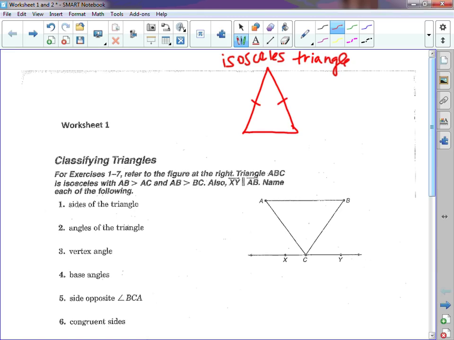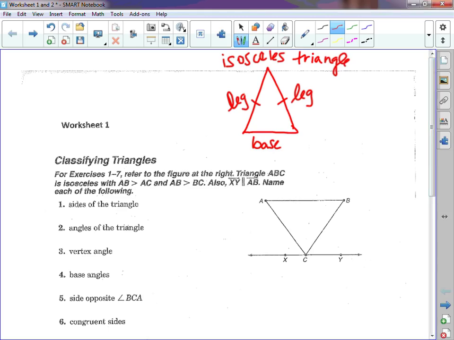Those 2 sides we call our legs. So this is a leg, and this is a leg. Okay, so the 2 sides that are the same length we call our legs. Anyone know what that remaining 3rd side we call? Base. Very good, our base. Now again, that isosceles triangle can be turned all around, flipped upside down. So the 2 sides that are the same are our legs, and then the bottom one is our base.